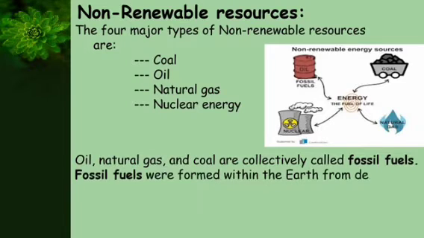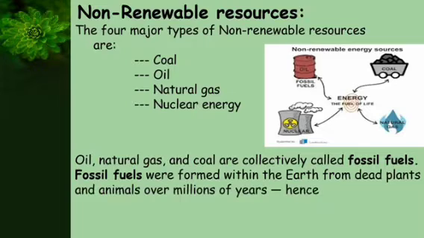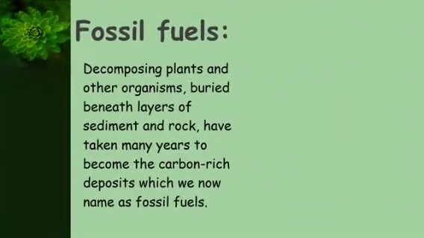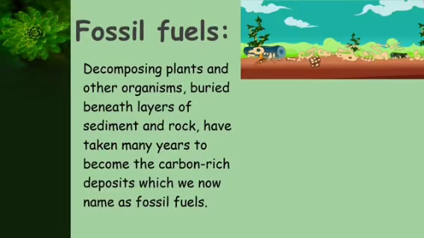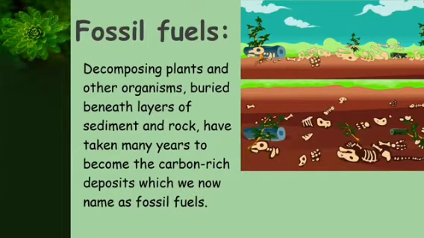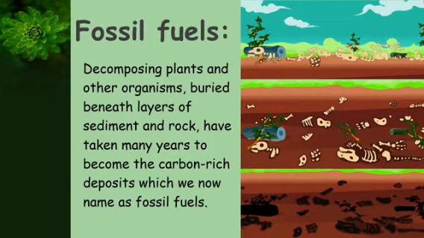Fossil fuels were formed within the earth from dead plants and animals over millions of years, hence the name fossil fuels. Decomposing plants and other animals or organisms buried beneath layers of sediment and rock have taken many years to become the carbon-rich deposits which we now name as fossil fuels.